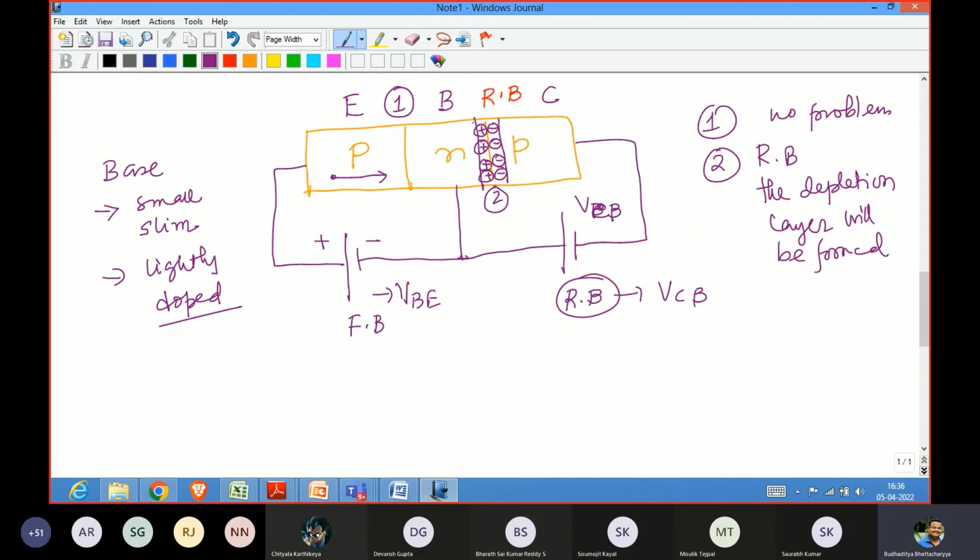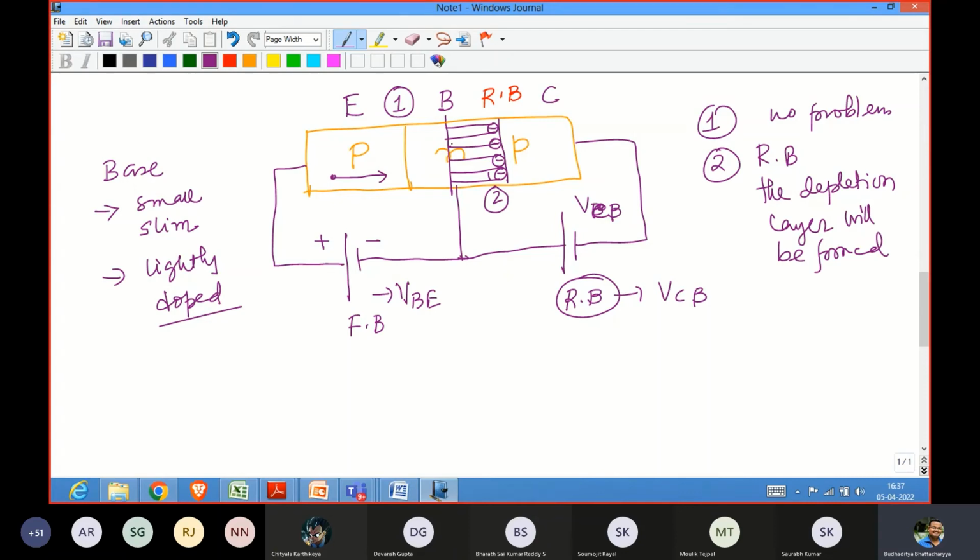This depletion layer will go on extending further. So I'll remove this part, and I will now say that this whole portion is the depletion layer, because I'm increasing the reverse biasing. As we go on increasing the reverse biasing, this depletion layer is increasing.